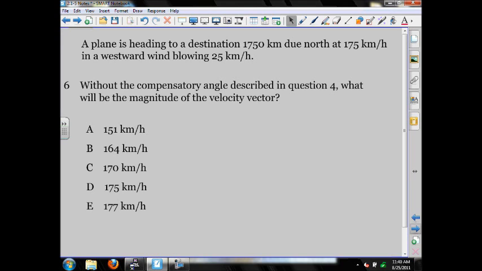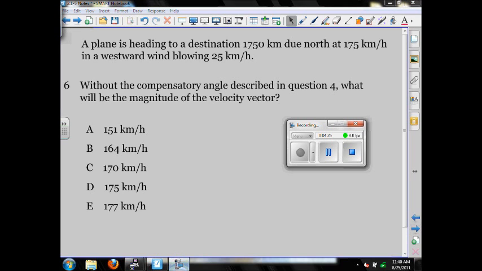And finally, number 6. Without the angle that we found in question 4, so it's, again, trying to fly due north, we want to know what is the magnitude of the velocity vector. So it's trying to fly north at 175 kilometers per hour. It's being blown to the west at 25 kilometers per hour. How fast is it?